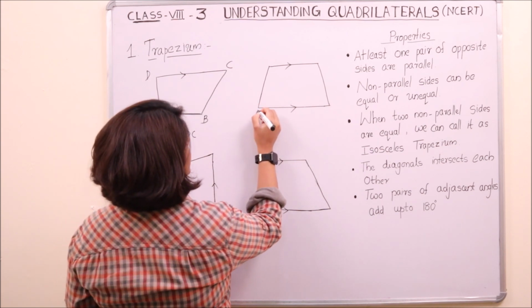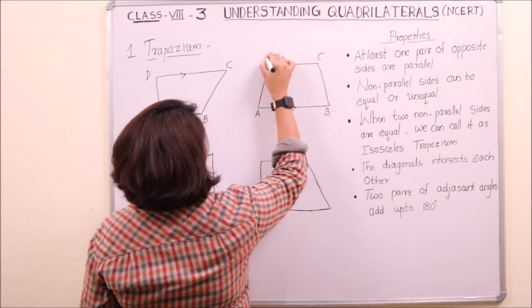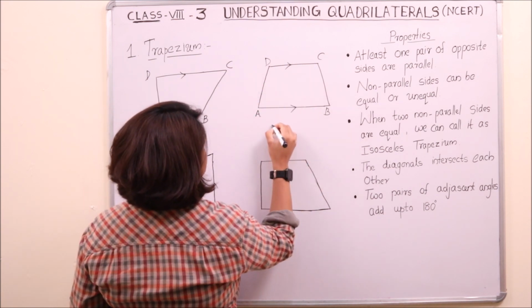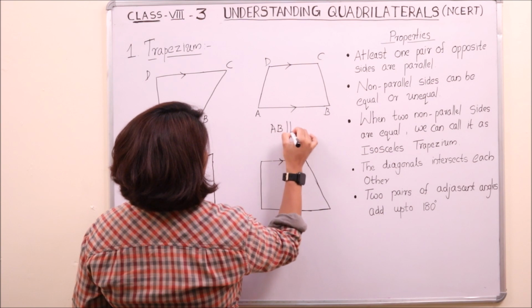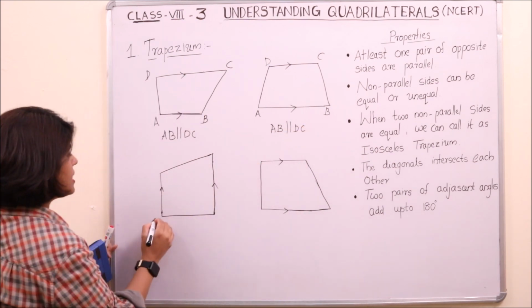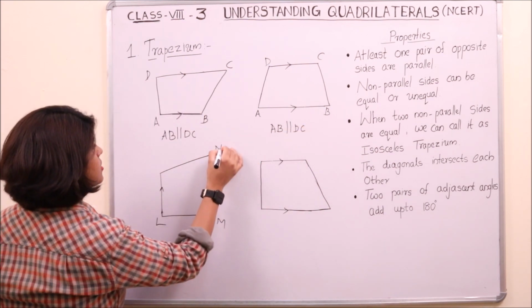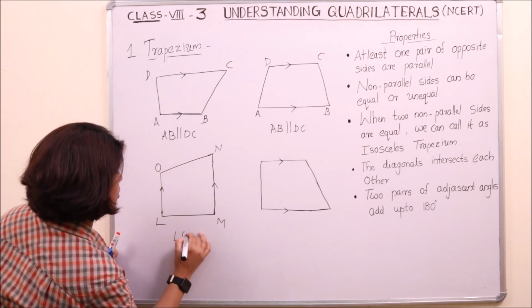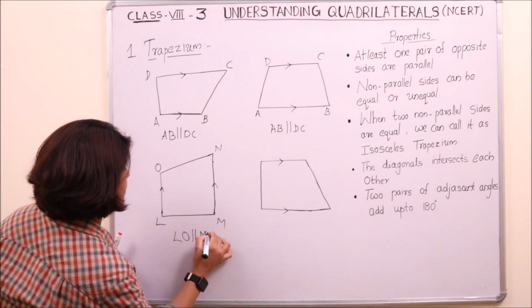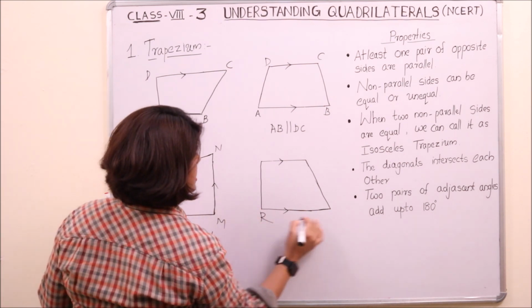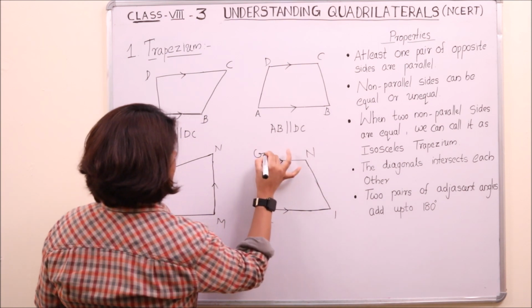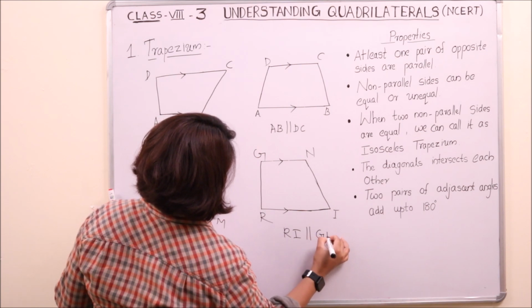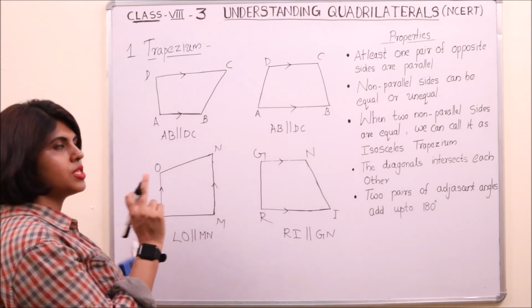If we are naming it LMNO, then we can say LO is parallel to MN, and if we are naming it RING, in this trapezium RI is parallel to GN. Clear?